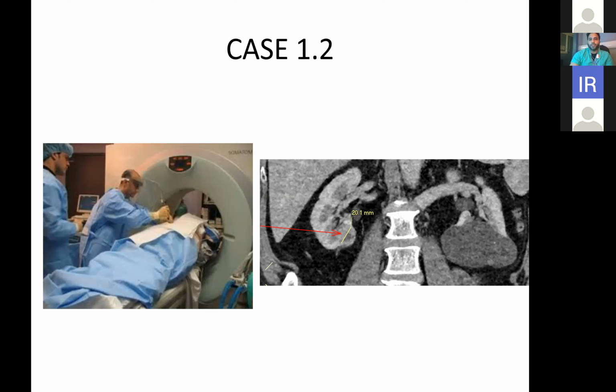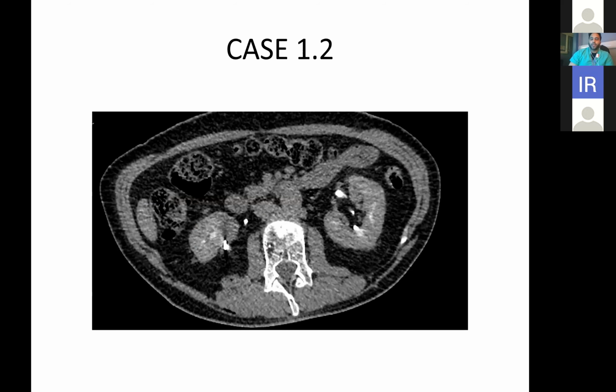And the nice thing about CT is that we can not only see the lesion in a bit more detail with regards to its proximity to vital structures, we can also make sure that the needle is actually adequately positioned centrally within the lesion.